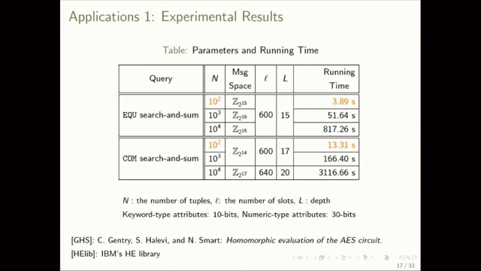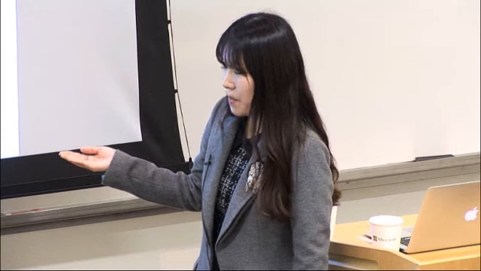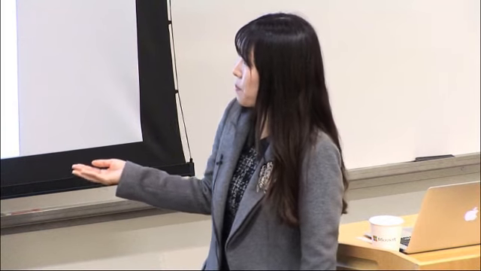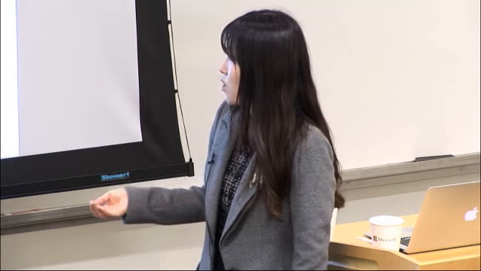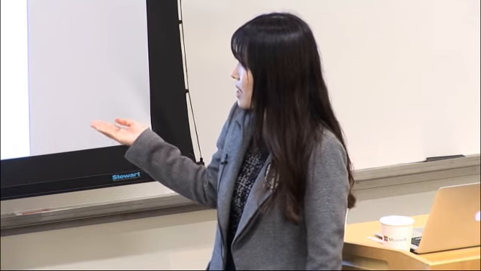Here is our experiment result. We used the BGV scheme and the HElib library by IBM. We suppose the keyword type attributes are 10 bits and the numeric type attributes are 30 bits.